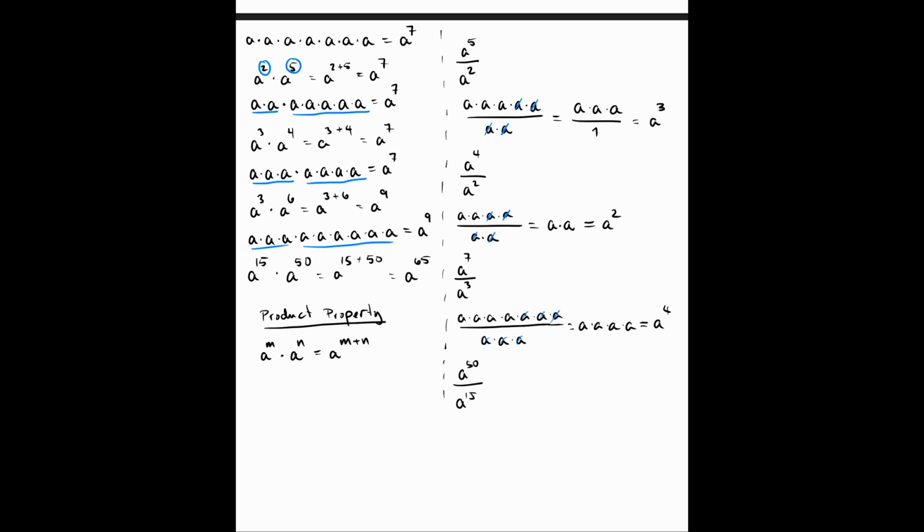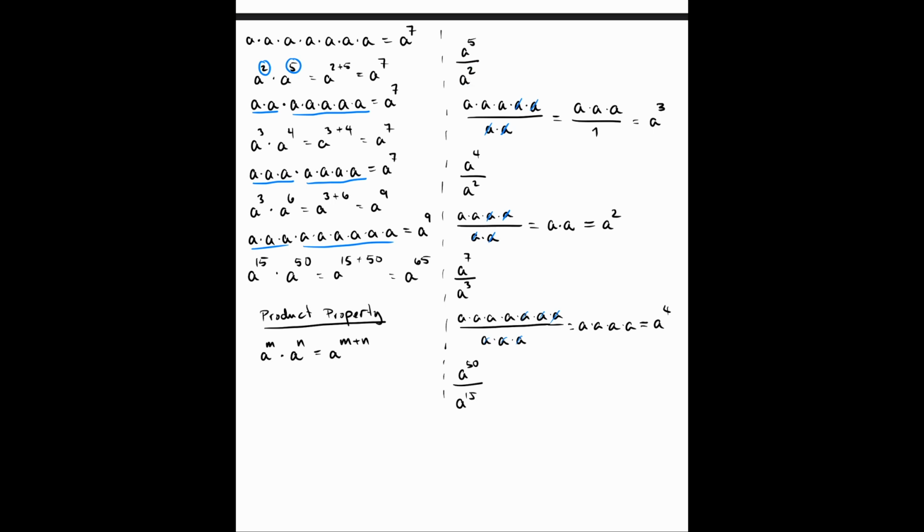Well, this is when we have to use our observational skills and we start hopefully finding a pattern. In this case, the pattern that we might notice is that, well, we're always canceling out however many there are in the denominator.